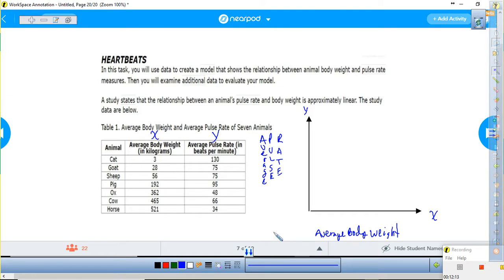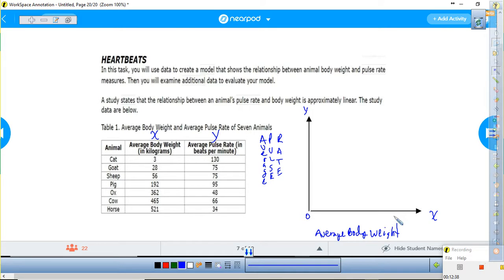So question, and this is a very good question that you should always ask when you're about to plot data that they give you. Don't I need numbers here so that I know where I'm going to plot stuff? Yes. Okay, so I can give you the first number. There it is. Boom. However, look at the different values in the X column. It starts at 3, it goes to 28, and then all of a sudden it goes all the way up to 521. Talk it over to your neighbor. Let them know what would be a logical scaling that we can get on the X-axis.